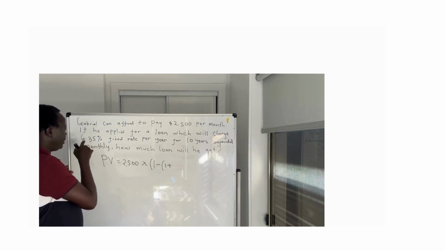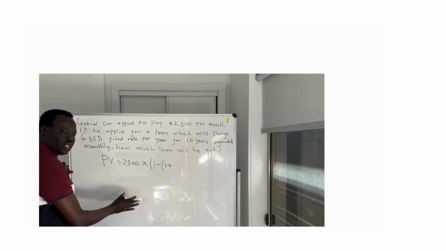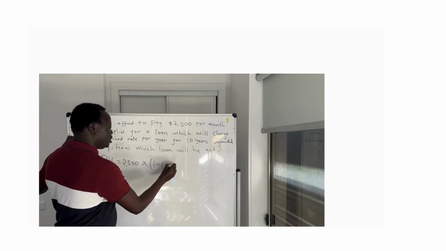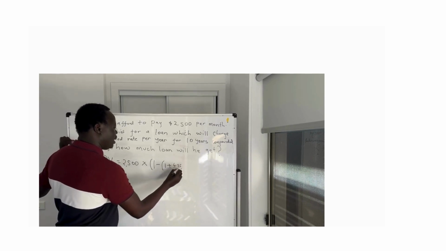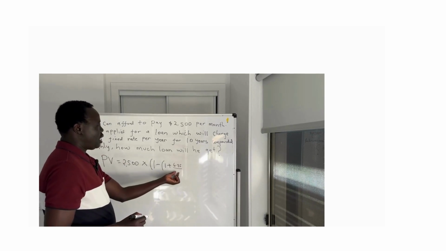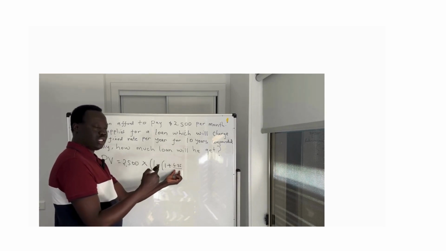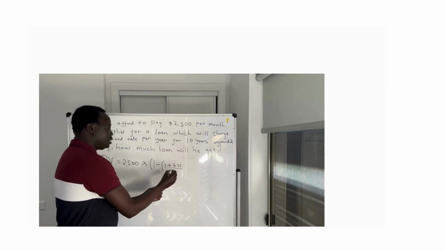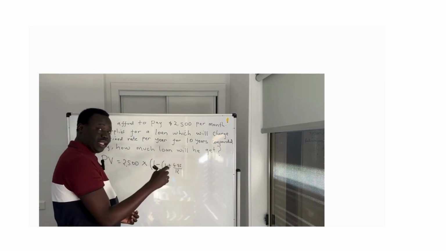And the way I simplify this, because we don't have a space here to put everything, is to put that 6.35, whatever interest is given, divide that by how many times this interest is compounded. In this case, it says compounded monthly, which is 12 times a year.